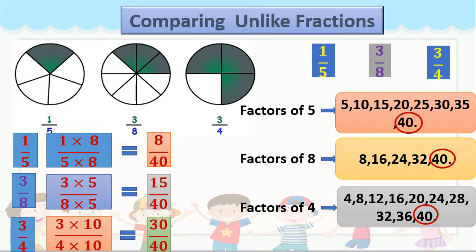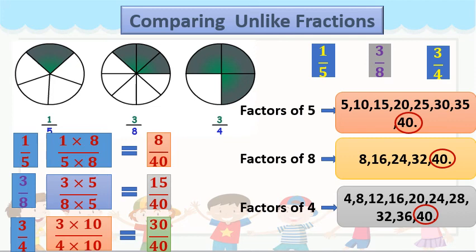So dear students, we got 3 equivalent fractions, or you can say like fractions. Okay. Now on the basis of these, we can give the greater than and smaller than mark here. You can see 8 upon 40, 15 upon 40, 30 upon 40.